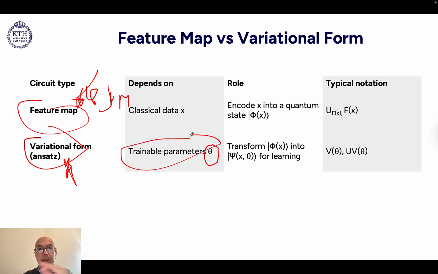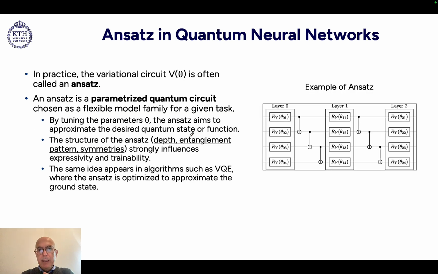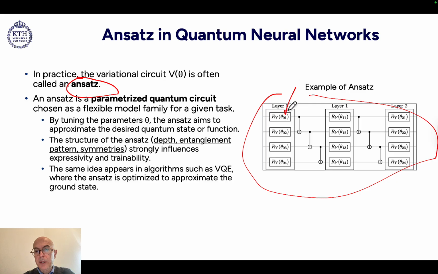So we can update them during the training in response to the learning. The variational form is also called ansatz. You will find this term a lot in the literature, and it is nothing else than a parameterized quantum circuit. So the structure is actually given. What we are going to do is calculate the parameters of our quantum circuit.